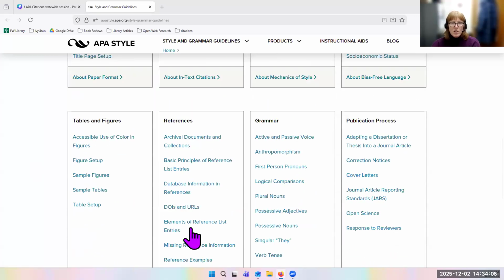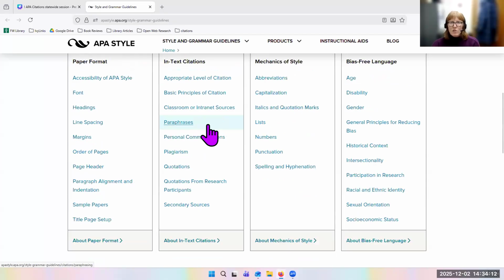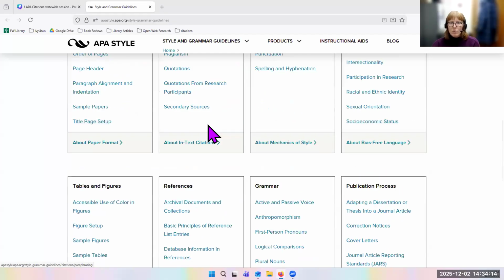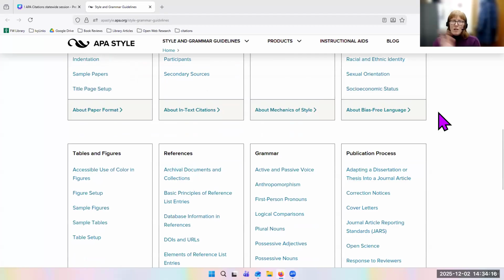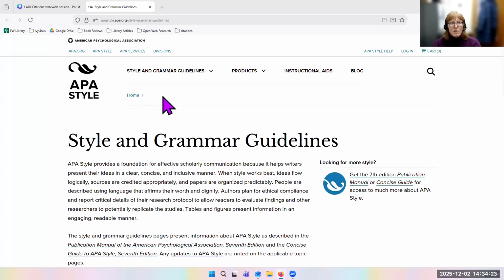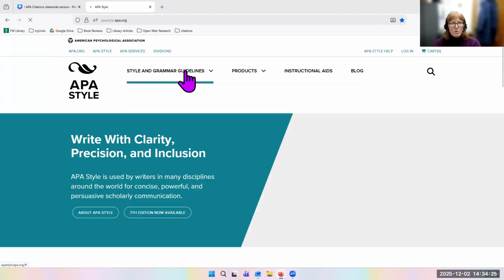The references section here will give you a list of different types of references and how to cite them. And also, if you are interested in learning about language or grammar, they also have great suggestions on those things as well.